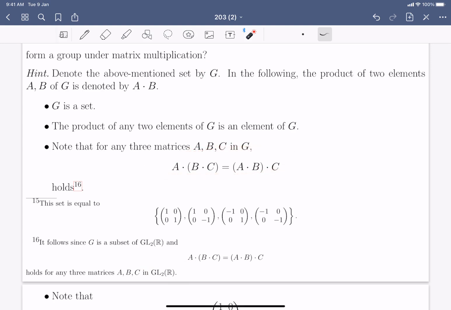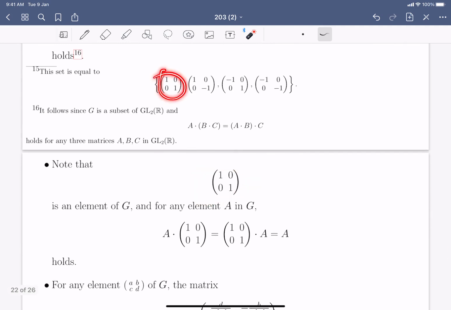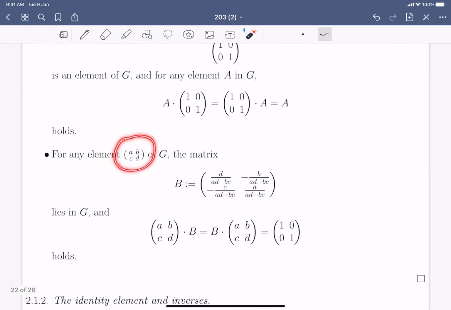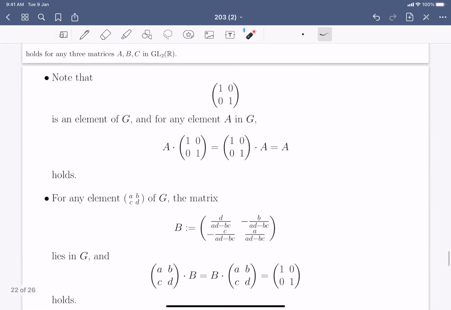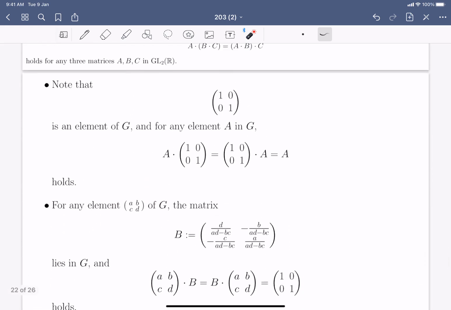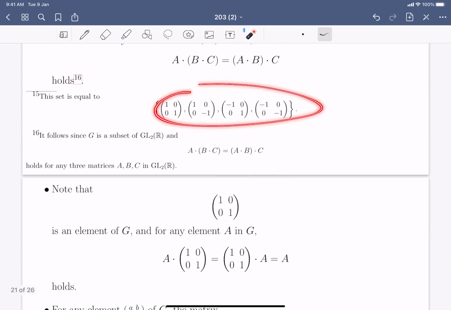Now you have to look for the existence of identity, which is already there, and now you have to look for the existence of inverse, that again one can check. The point is that to get the inverse, you have to look at this denominator. The determinant of these matrices happens to be plus minus 1.